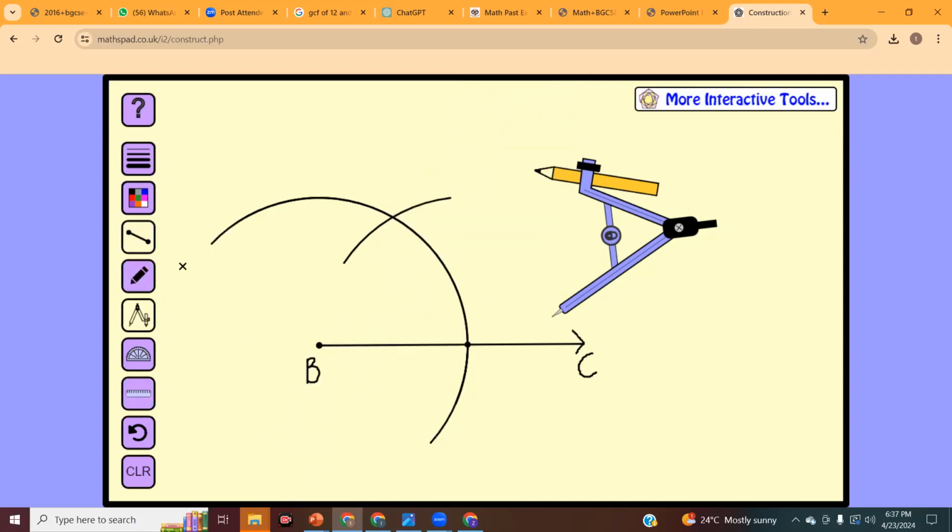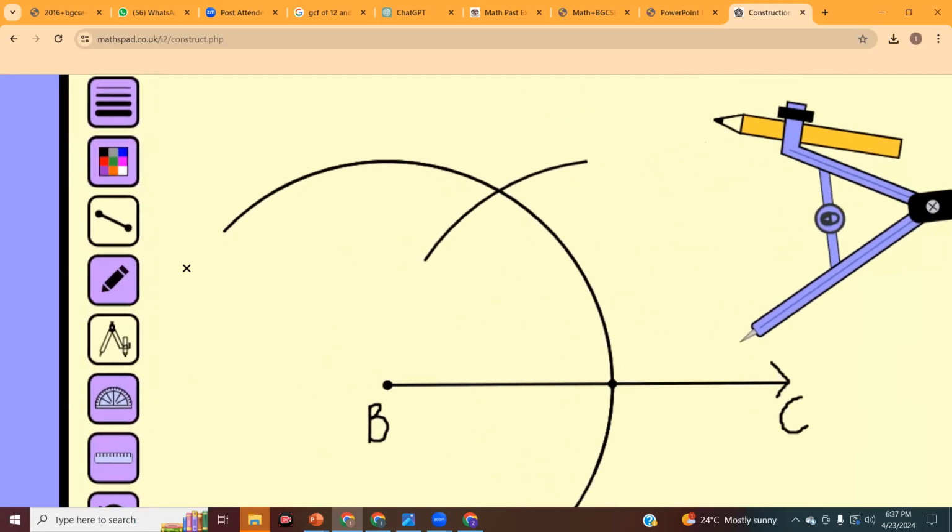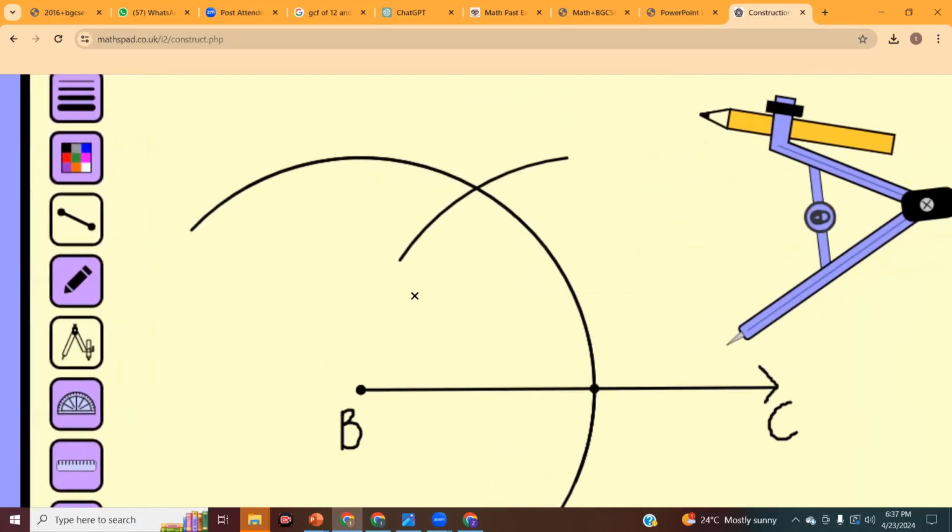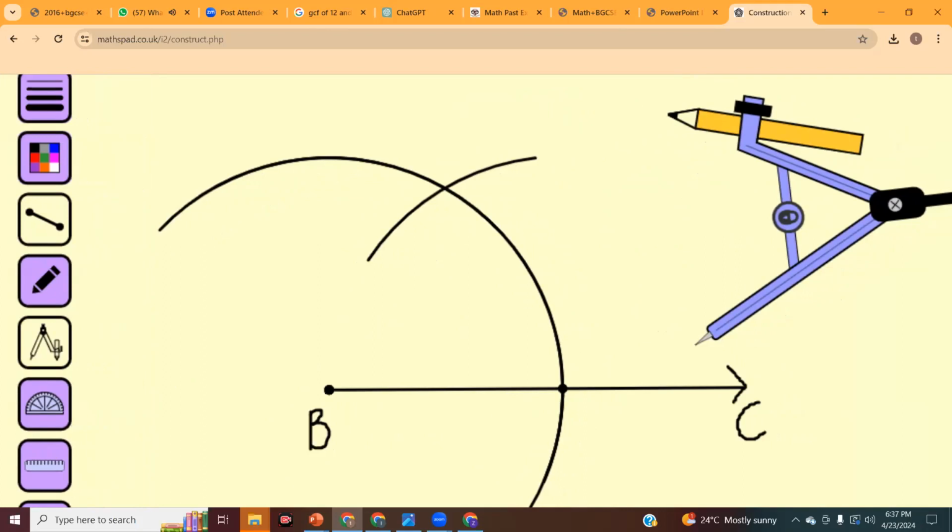So let's go ahead and draw this like so. It's gonna be right there. Just like that. So this line should intersect the two arcs that were previously drawn. The point where the two arcs meet, that's where we're gonna draw this line, right? That's where it's gonna pass through.